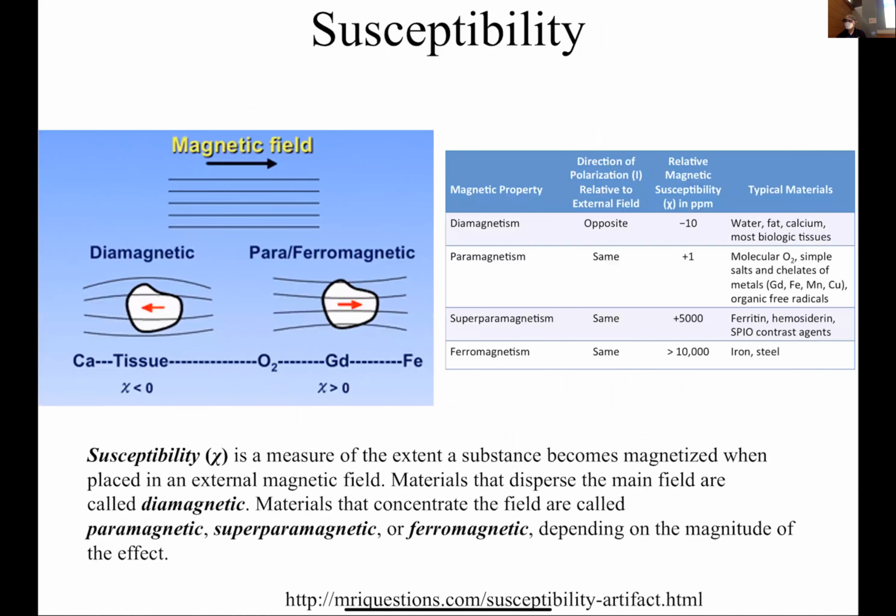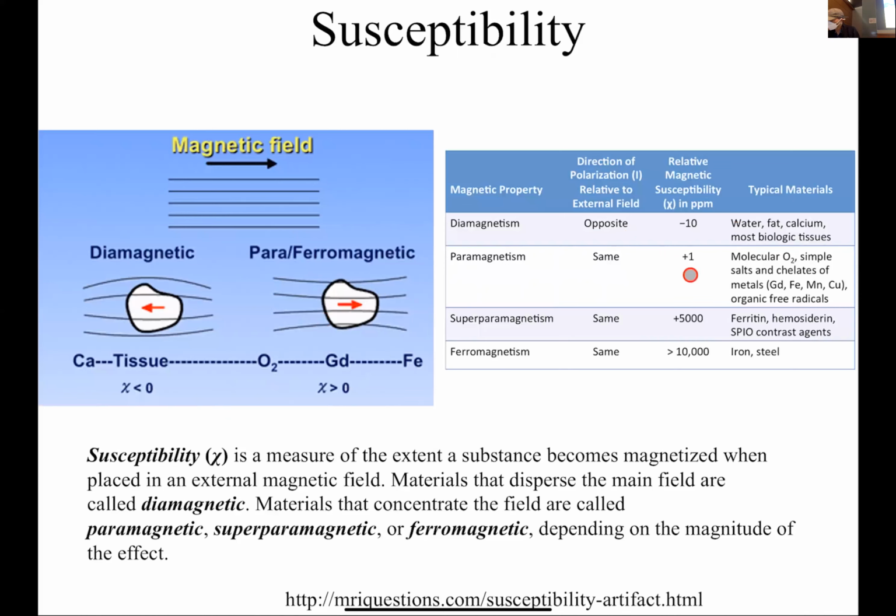So that's shown here, where, for example, you may remember that there are both ferromagnetic materials that tend to concentrate the field, and diamagnetic, which tends to repulse the field. And so you can sort of see here, for example, diamagnetic would be things like water.